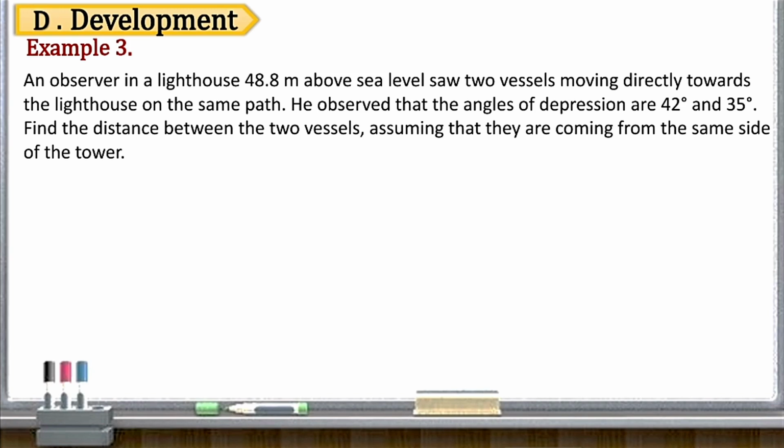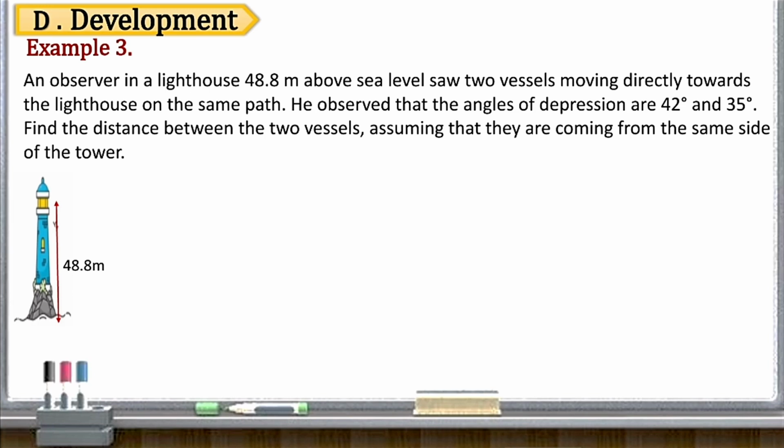So, kailangan lang natin class mag-drawing ng lighthouse. At yung observer class sa taas nito ay 48.8 meters above sea level. So, magdodrawing lang kayo ng lighthouse and then 48.8 meters mula dito class sa pinakamababa hanggang doon kung nasaan class yung observer.